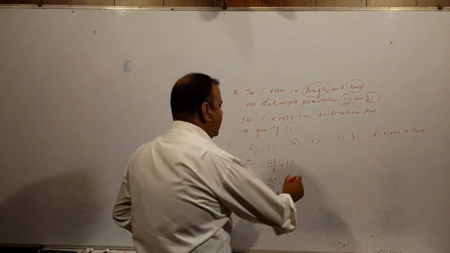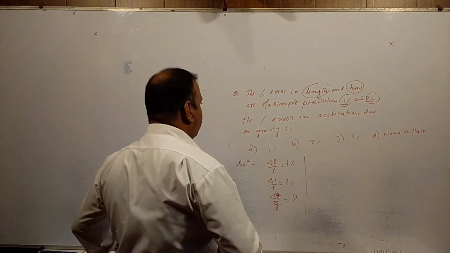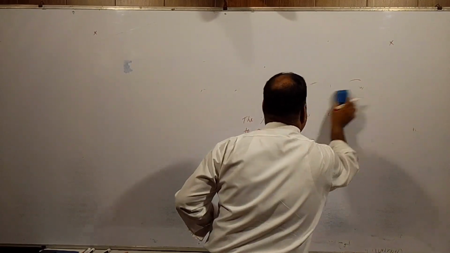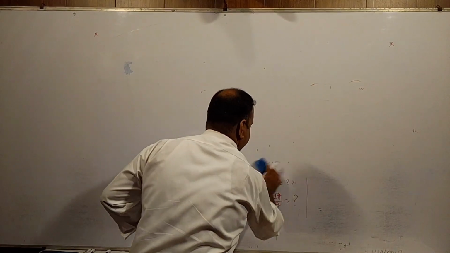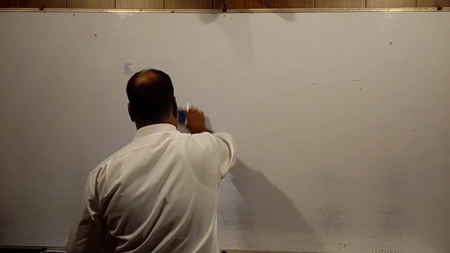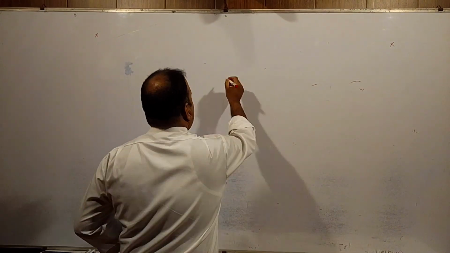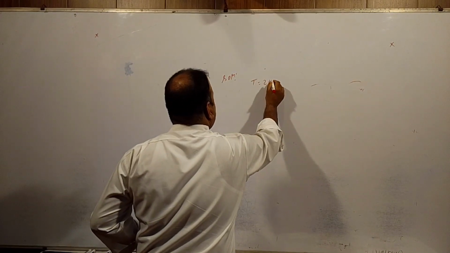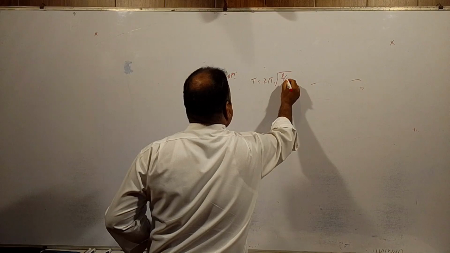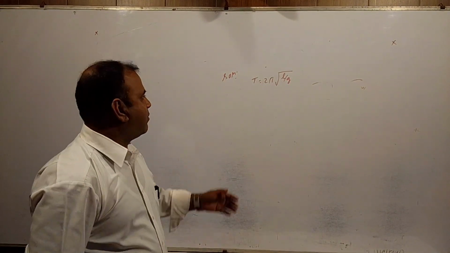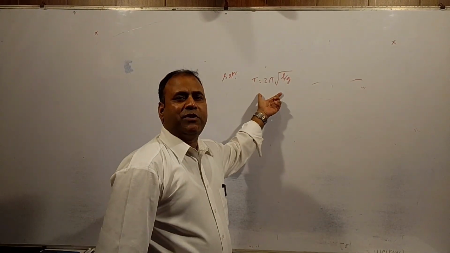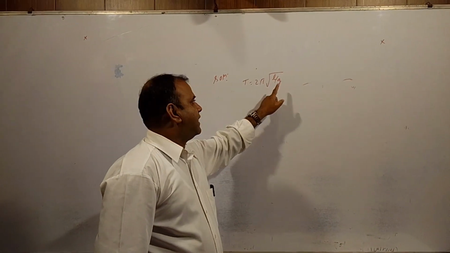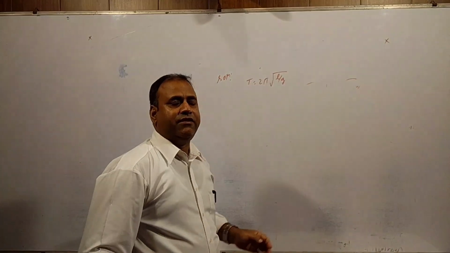Now see, there is one formula. So how we can solve this problem? You just see the solution. Already you know T is equal to 2 pi under root L by Z. I think you have an idea about this formula. This is the time period of a simple pendulum, where T is time, L is length and Z means acceleration due to gravity.